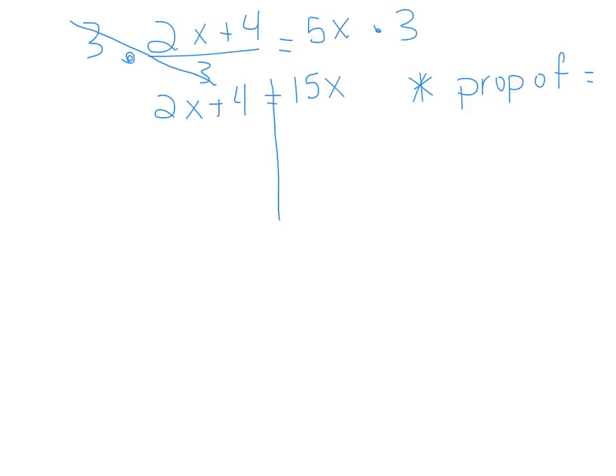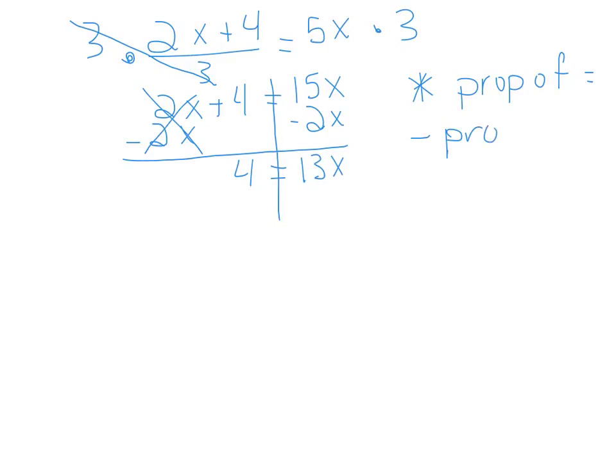So in order to get rid of this positive 2x over here, I'm going to have to subtract 2x on both sides. When I do that, I'll have no more x's over here, and I'll have a positive 4, and then I'll have 13 x's on this side. So if we think about what property we just used, we just subtracted the same thing from both sides and got a new equation. So we just used the subtraction property of equality.